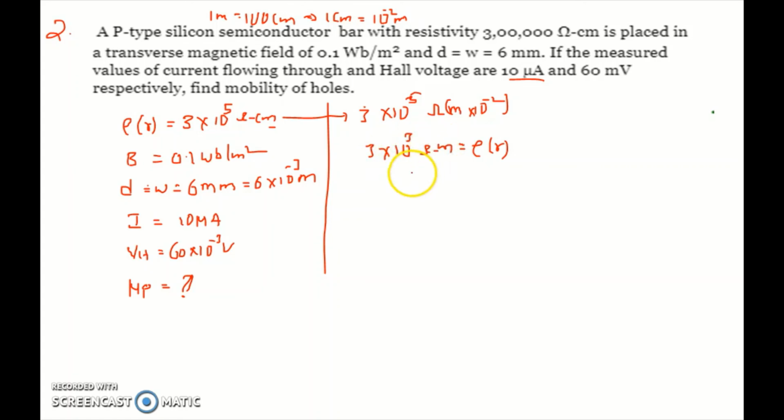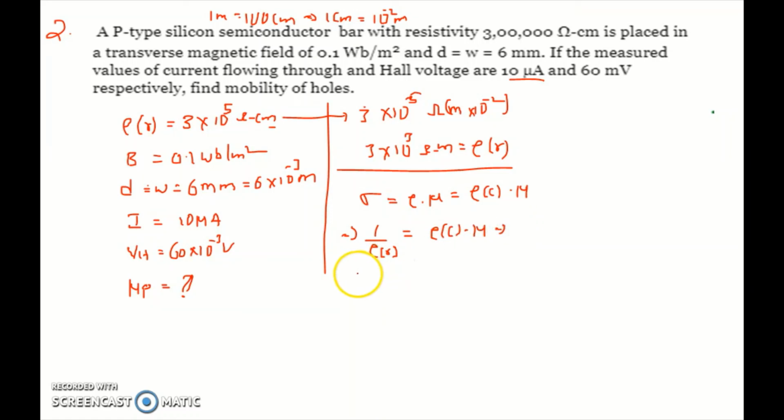Clear? Next, he is asking to find out the mobility of the holes. As we already know that sigma, that is conductivity, is equal to charge density into mu. As I previously said, I am writing charge density as rho of C. So the conductivity can be taken as charge density into mu, and this implies 1 divided by resistivity, because conductivity is nothing but the reciprocal of the resistivity, into mu.